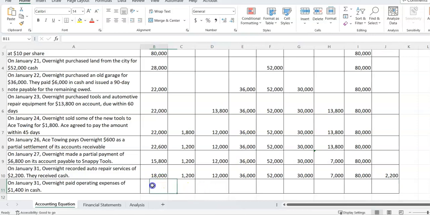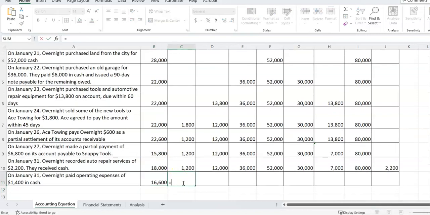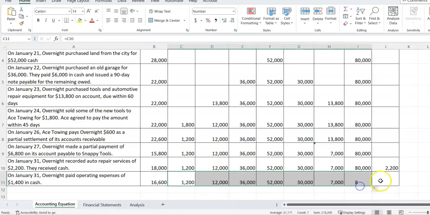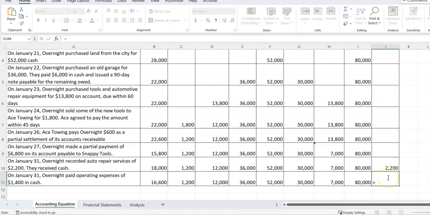Okay. Now we're going to pay expenses. We pay these expenses in cash, so our cash is going to decrease by the amount of our expenses, or $1,400. All of our other accounts are going to remain the same with no changes. And revenue and expenses affect retained earnings.